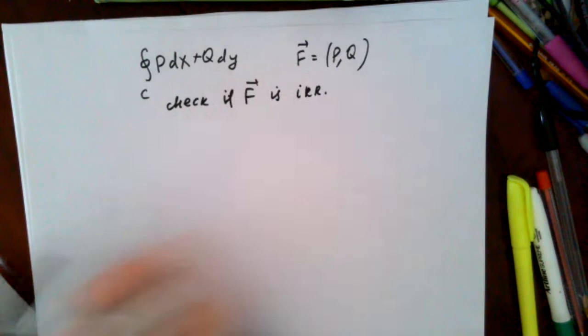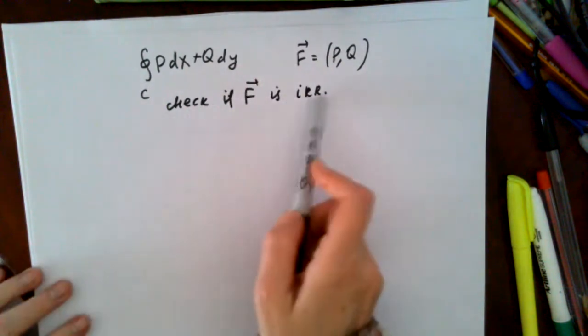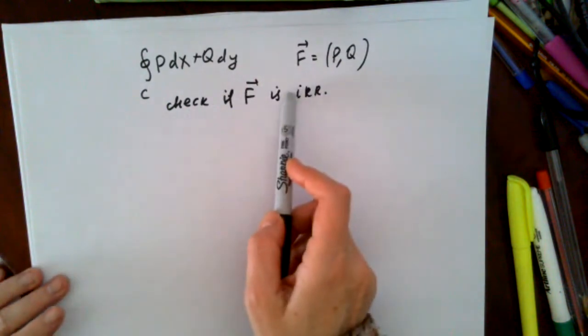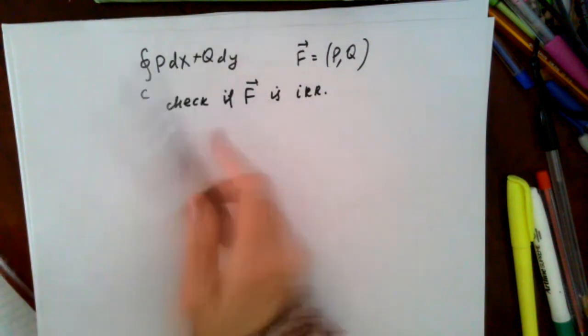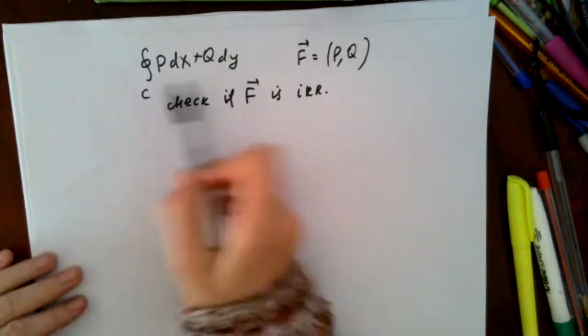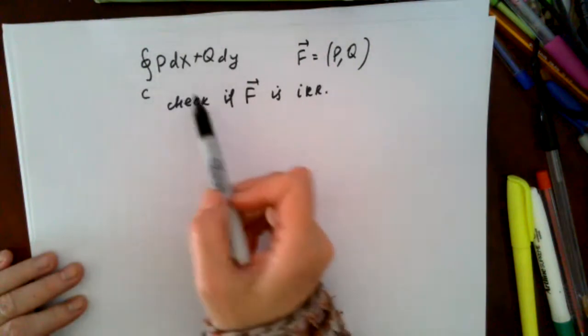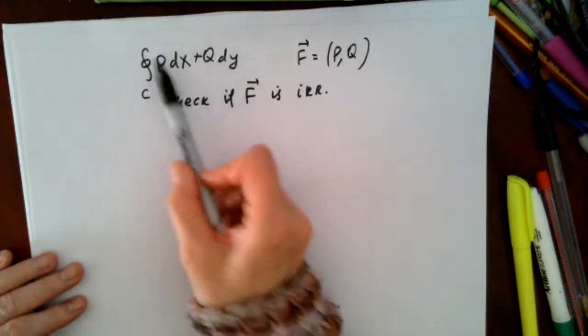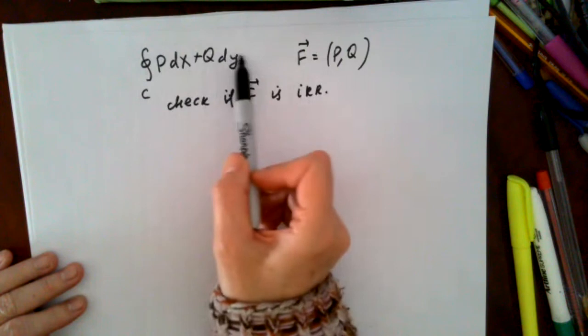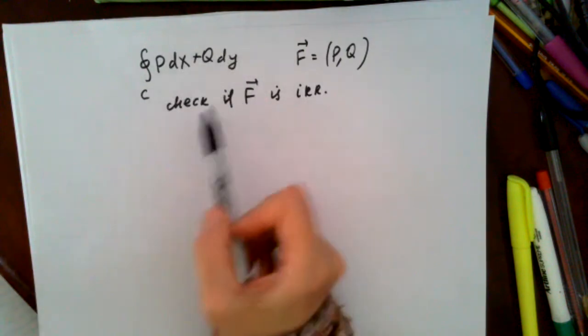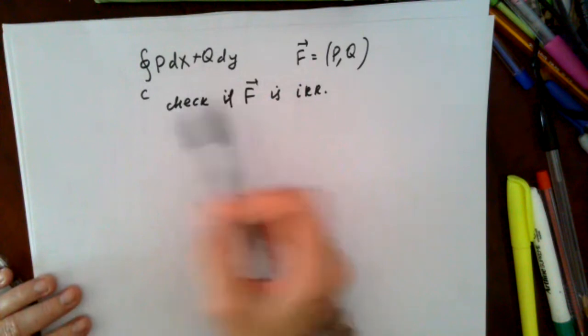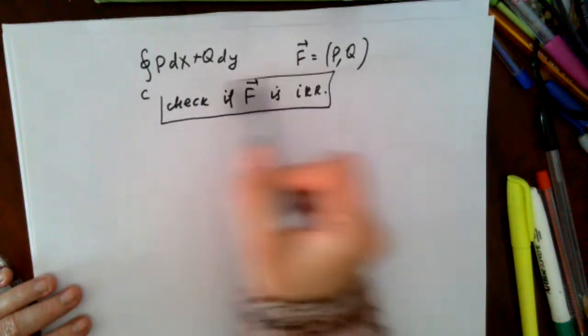Because if you discover that your vector field is irrotational, you might be able to solve this task in a much easier way, especially in the case of circulation. Because if you discover that this field is irrotational, your circulation will be 0 all the time. You won't have to do anything at all, and that is why it was strongly recommended to do this checking.